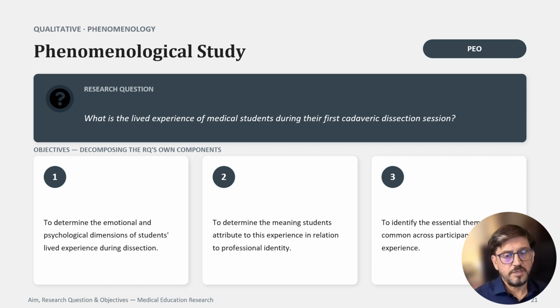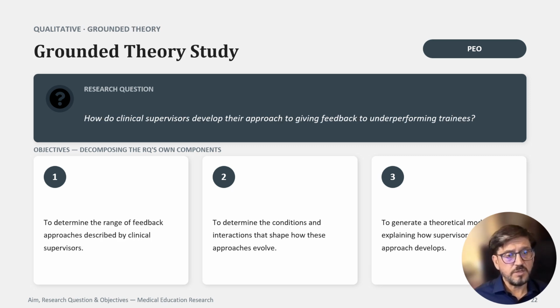Again, you can see that these are the components of the research question and not process-based objectives. Grounded theory study: how do clinical supervisors develop their approach to giving feedback to underperforming trainees? Again, you can see how I have divided the objectives aligned with the main research question.